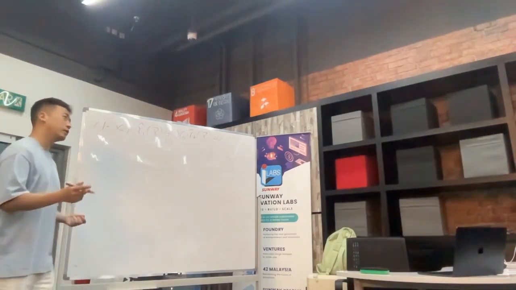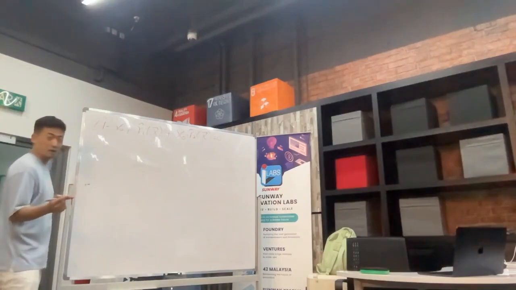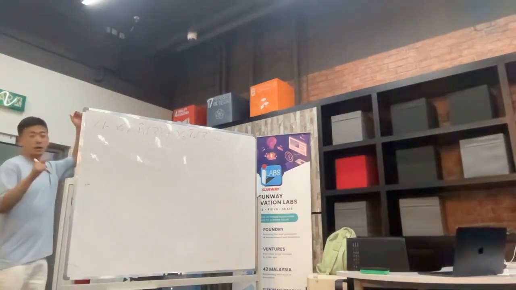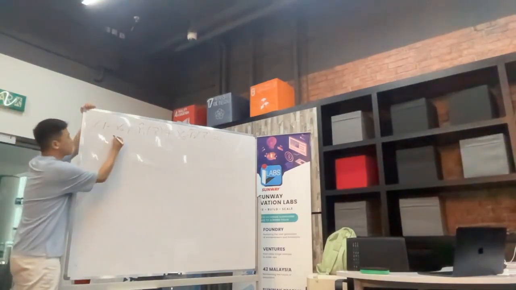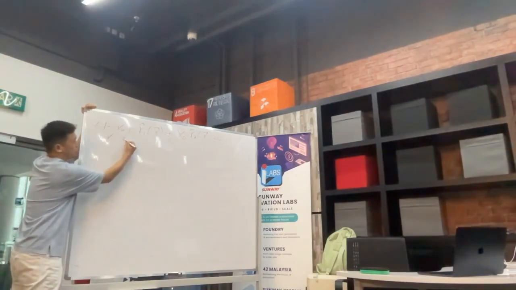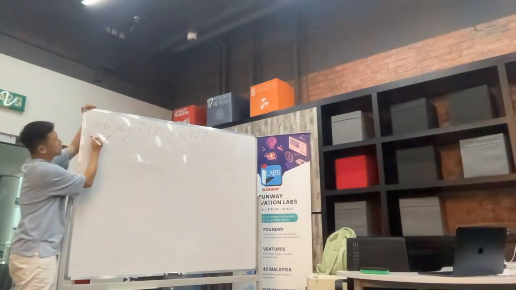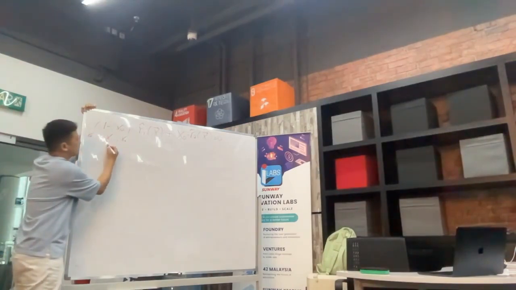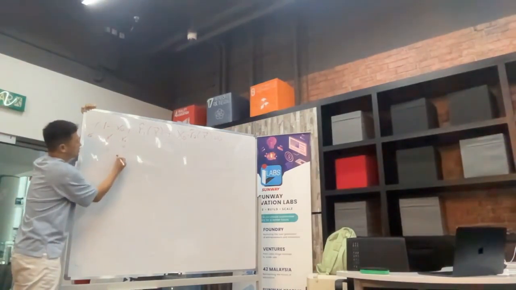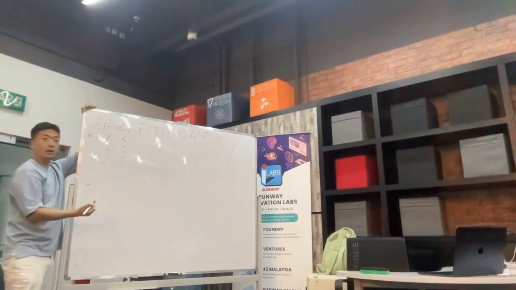Actually, it'll be good to write down with the exact case. Let's say we have two variables, x1 and x2, and also we have an x0 here. Let's say 0, 0, 0, 1, 1, 0, 1, 1.